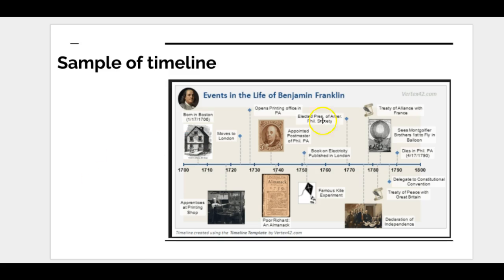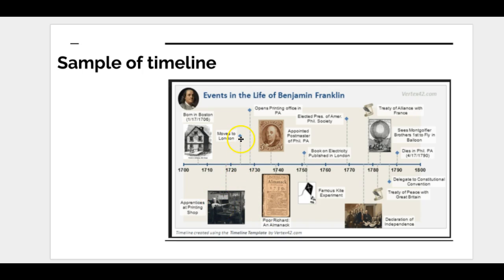Here's another sample of a timeline to show you how you can plot these events on the top and the bottom, following from 1700. So you'll see here 1706. It's in between 1700 and 1710 because that's where it would fall. And then you go down, this event is just before 1720, so you could say 1718 maybe.